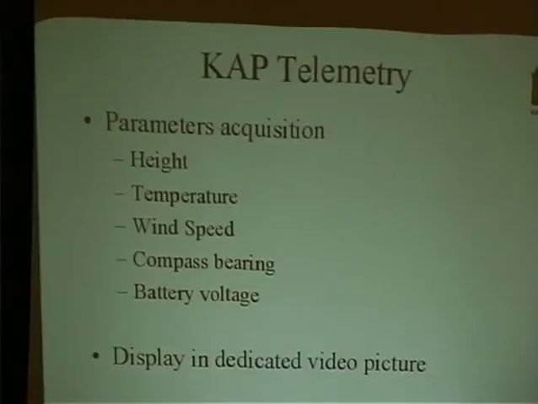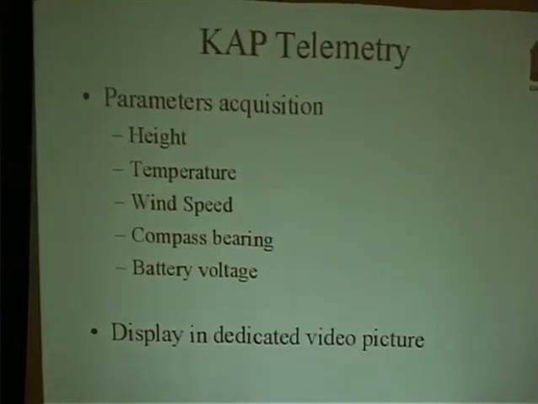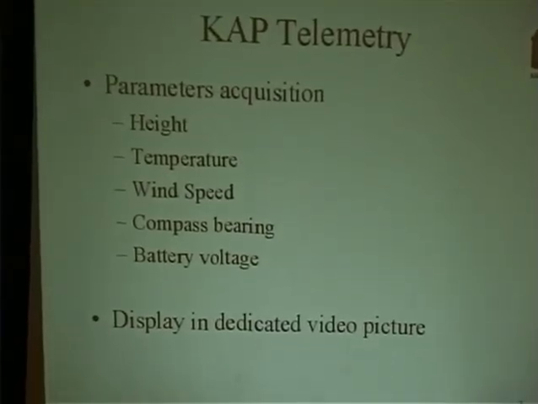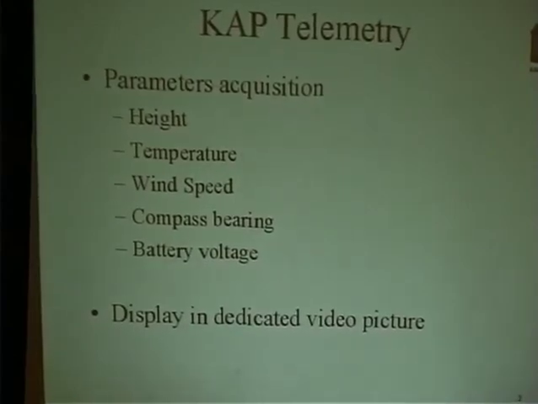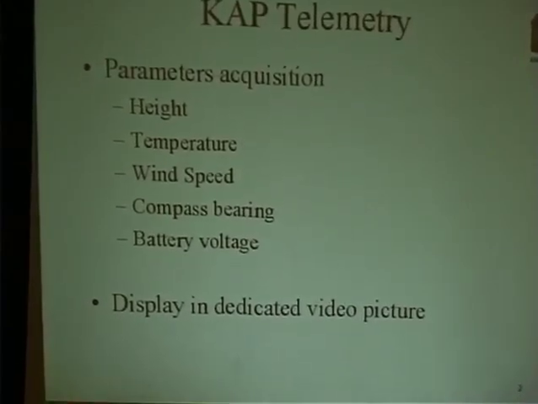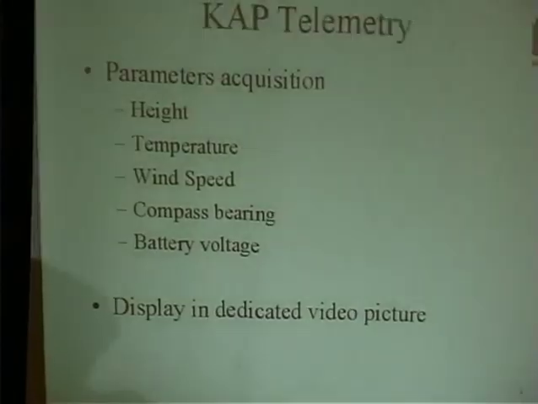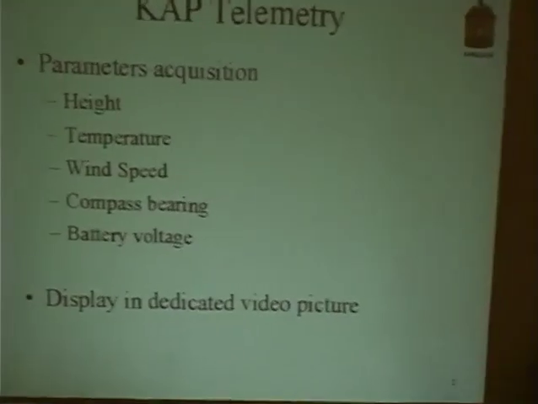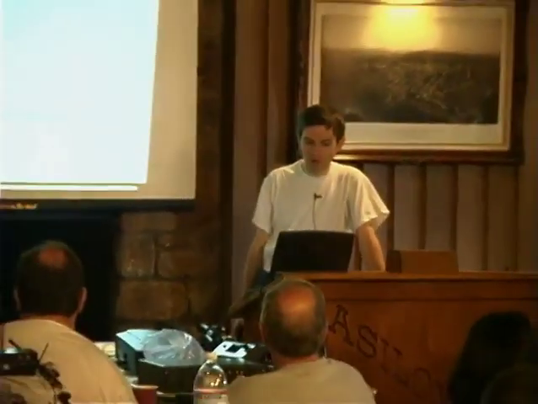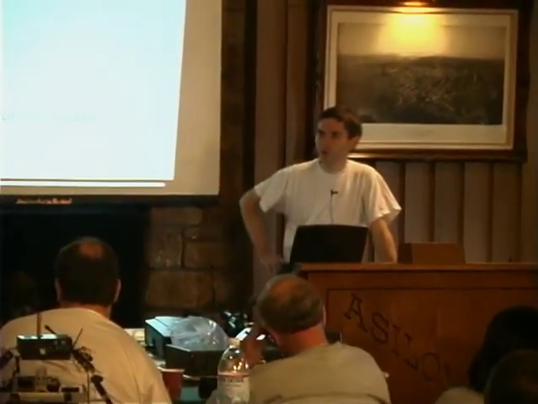And I've added a battery voltmeter, because the battery is often a big problem for kappers, and it appears to be very useful to know the voltage of the battery on the KAP.